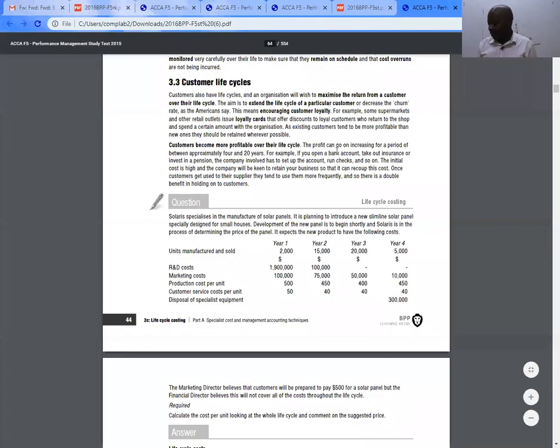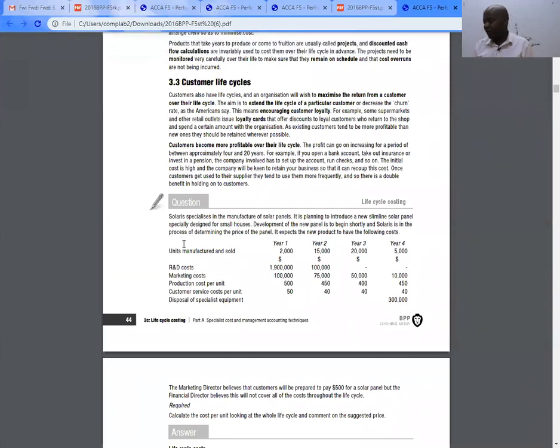Very easy. So you can see here they're telling us, Solaris specializes in whatever. Units manufactured and sold: year 1, 2,000 units, year 2, 15,000 units, year 3, 20,000, and year 4, 5,000. So it will be very important for you to underscore the quantity.